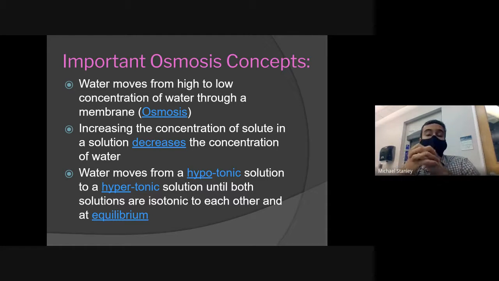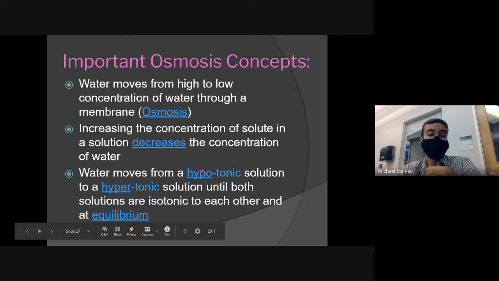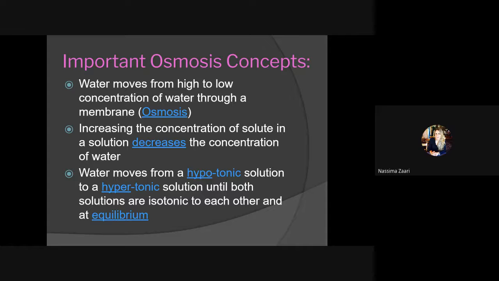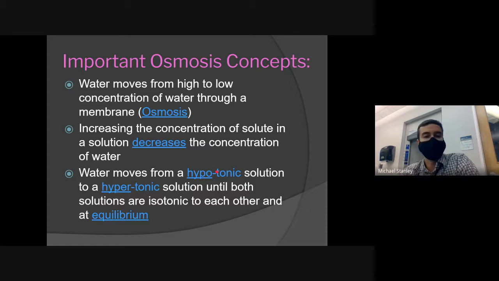So whatever sort of solution you have, it's a very concentrated solution. There's not as much water because there's more stuff dissolved in the water. So hypotonic, more water, less solute. Hypertonic, more solute, less water. Okay, thank you. No problem.